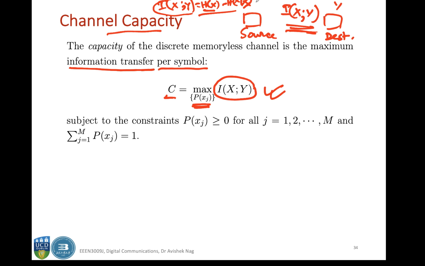So hx and hx given y can be expressed in terms of the probabilities associated with the discrete memoryless channel.